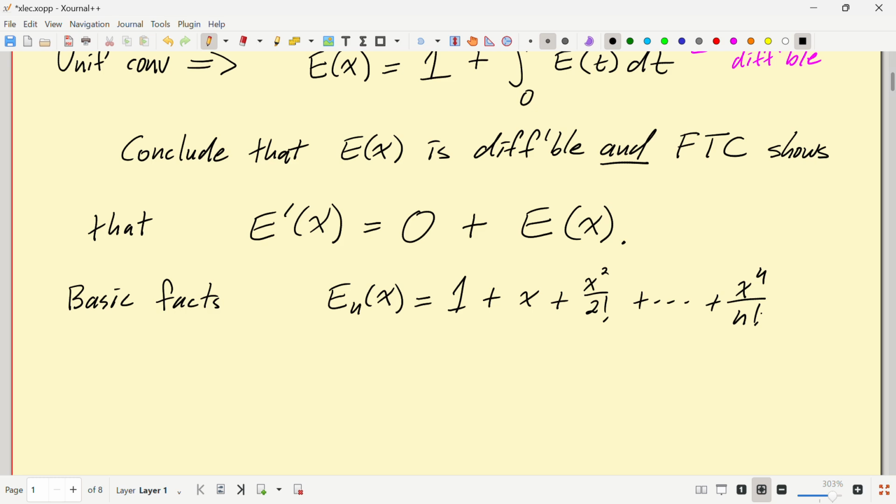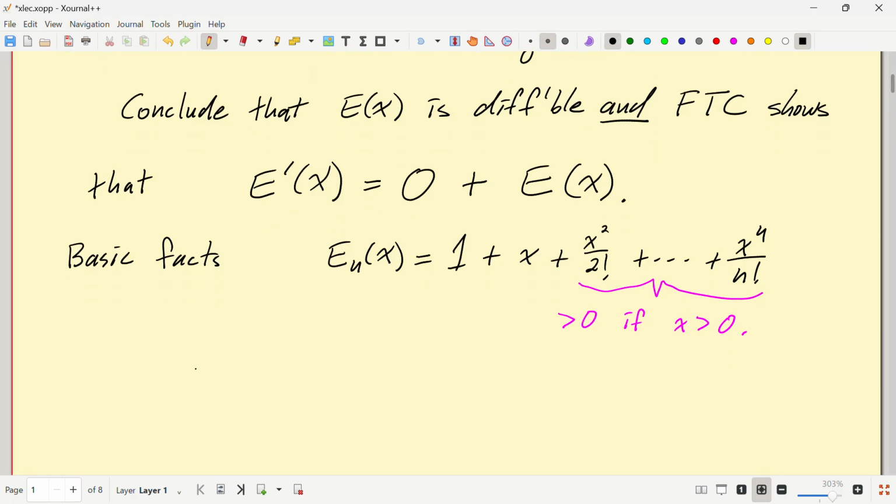If x is positive, all this junk is positive. This is greater than 0 if x is greater than 0. Oops, I don't want all of it. I just want from here to here. Okay, so we have that E_n of x is greater than 1 plus x if x is bigger than 0.